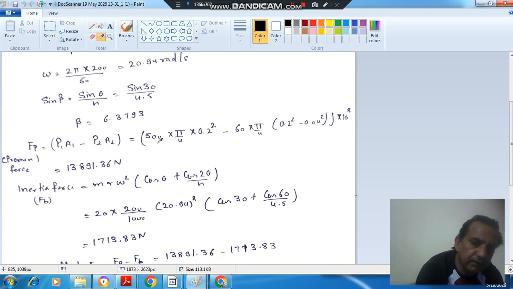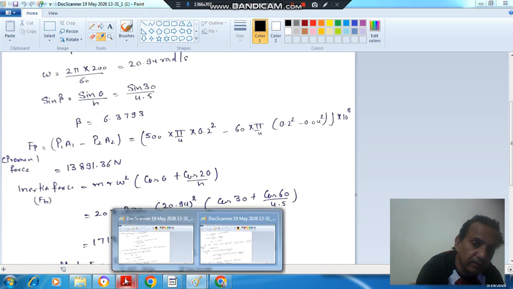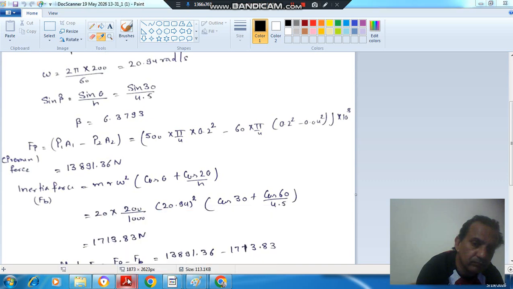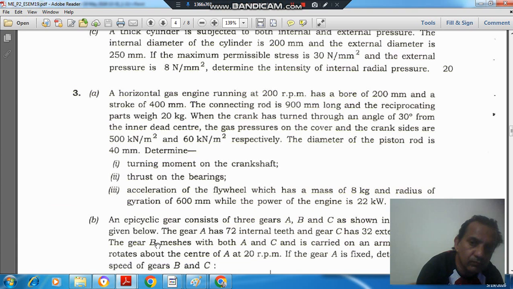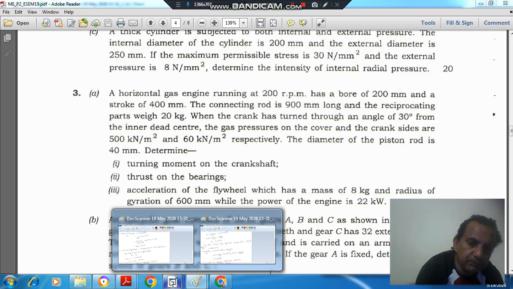P1 is 500 kilonewton per meter square, and the bore diameter of piston is 200 mm or 0.2 meter, and the piston rod diameter is 40 mm.